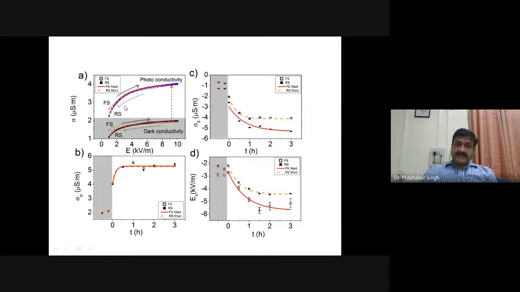And we calculated sigma, and this gives us xi. Here FS stands for forward scanning and RS for reverse scanning, and this is the time when we expose the light; before 0 it is the measurement without light.